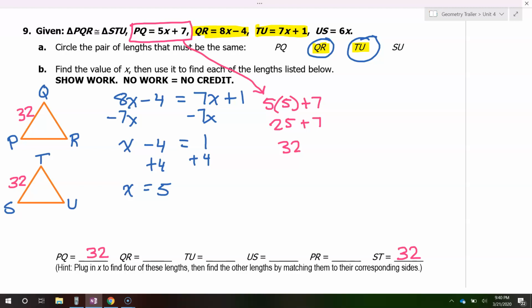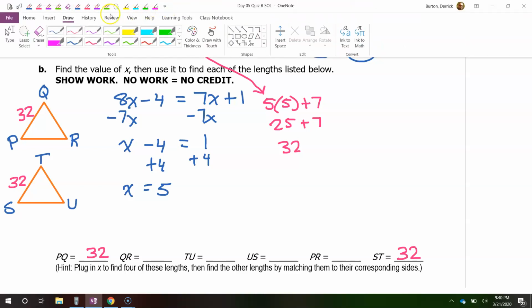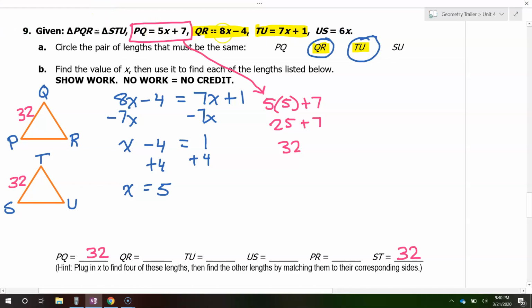Well, now I can find QR. So here's a nice little expression for QR. So I'm going to do that right over here. So that's going to become 8 times 5, 8x minus 4. So 8 times 5 minus 4.